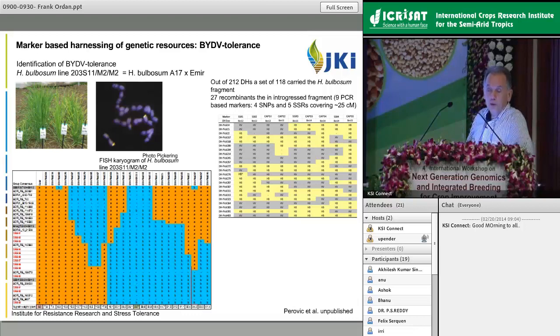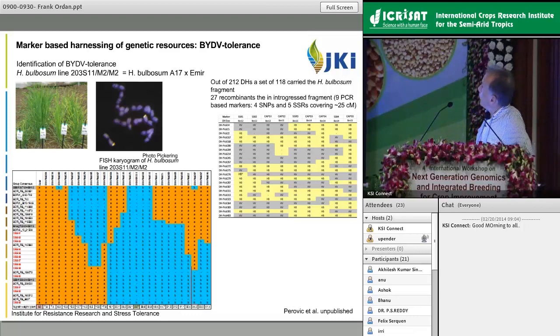The secondary gene pool of barley only comprises Hordeum bulbosum. And in collaboration with Richard Pickering's group at that time in New Zealand, we identified a Hordeum bulbosum introgression line carrying an introgression on the long arm of chromosome 2HL, being tolerant against barley yellow dwarf virus.